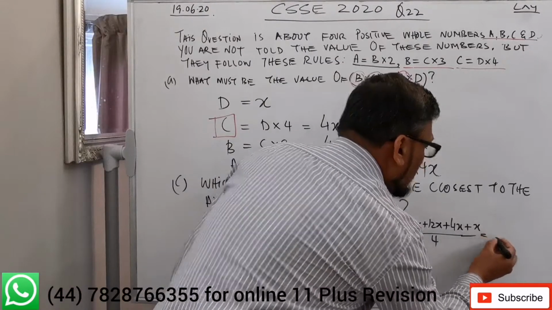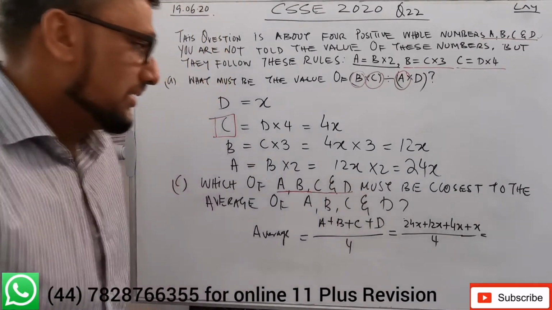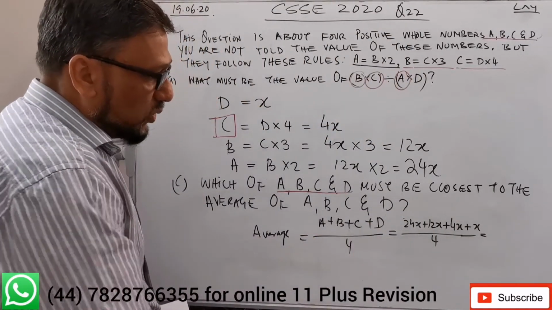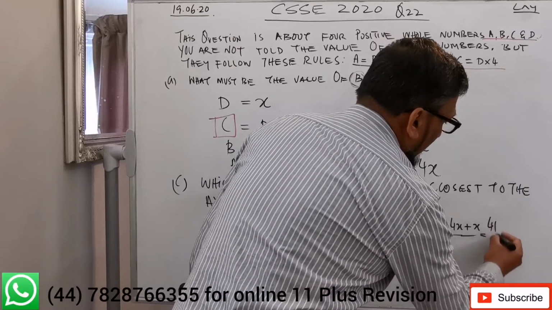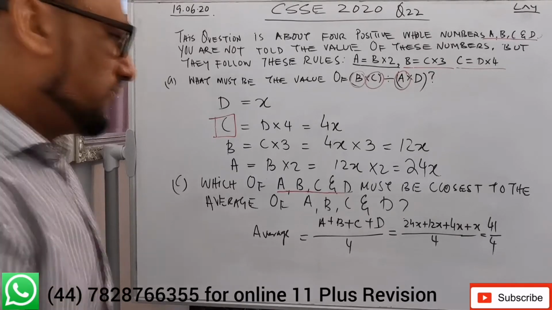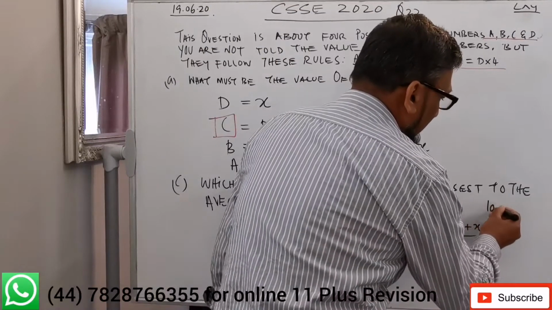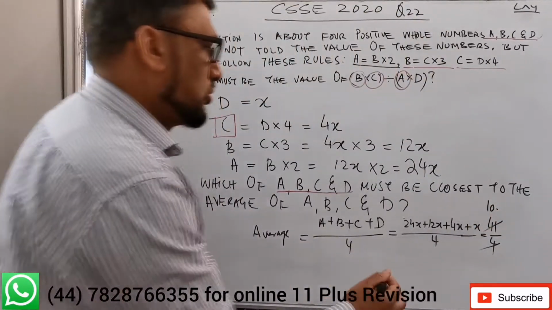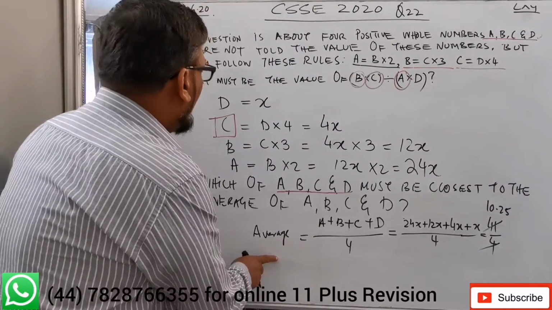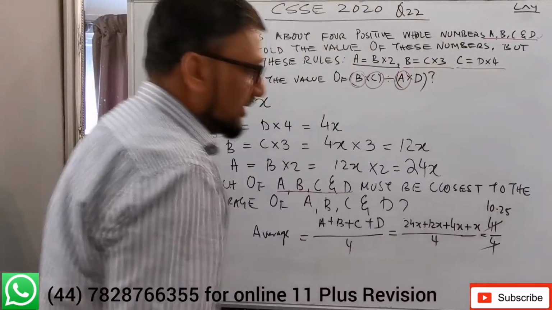If I add 12 plus 4, that is 16, 16 plus 24 is 40, plus x is 41x over 4. Dividing 41 by 4 gives 10.25, so the average of A, B, C, D is 10.25x.